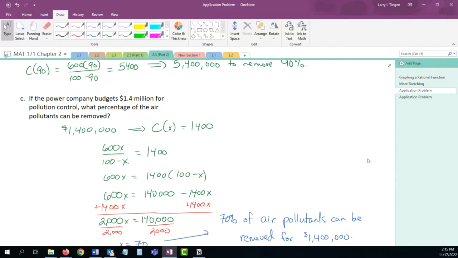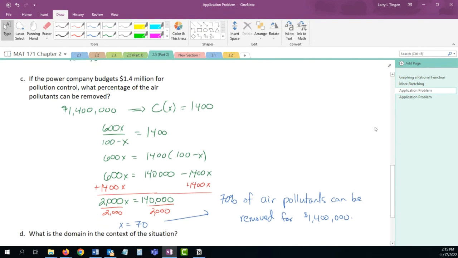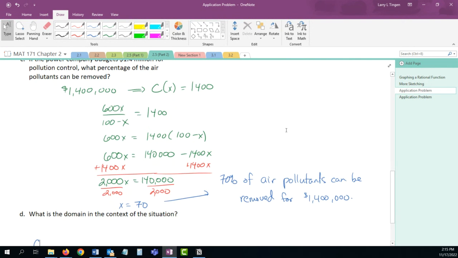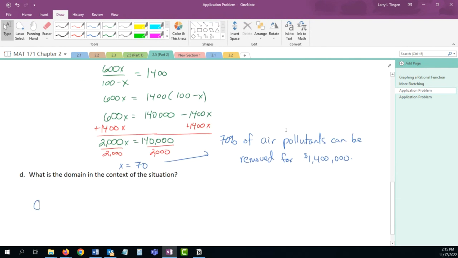Because this was less than 75% of the air pollutants to be removed. All right. So I can get 70% out for that. And then the last question is, what's the domain for this problem? Yes, you should always make sure the math adds up. That is something to live by.